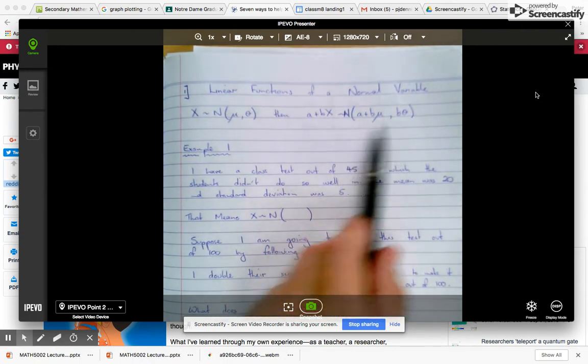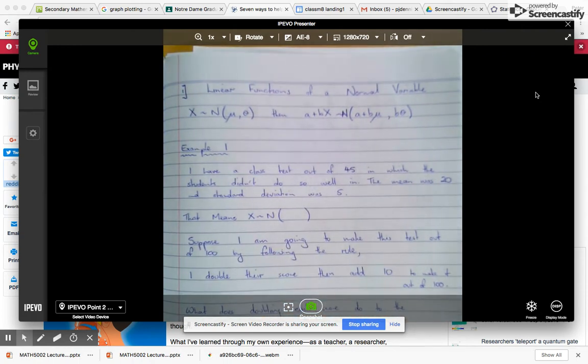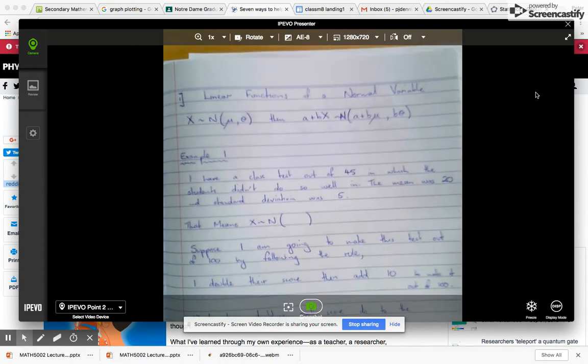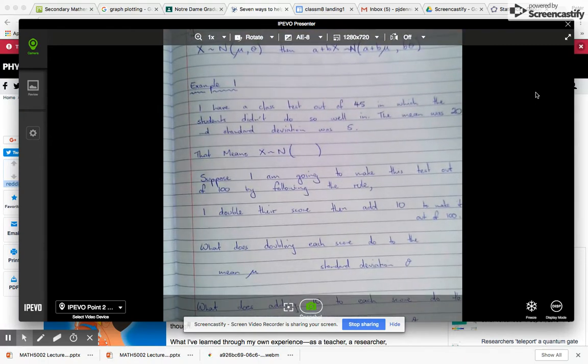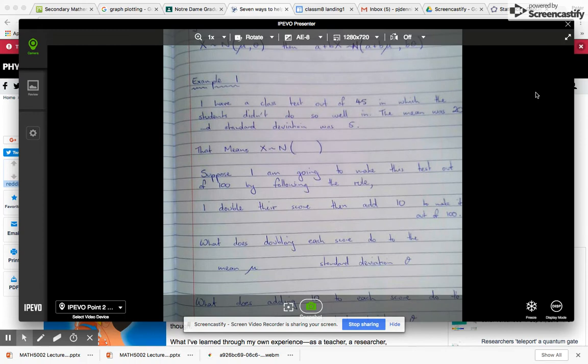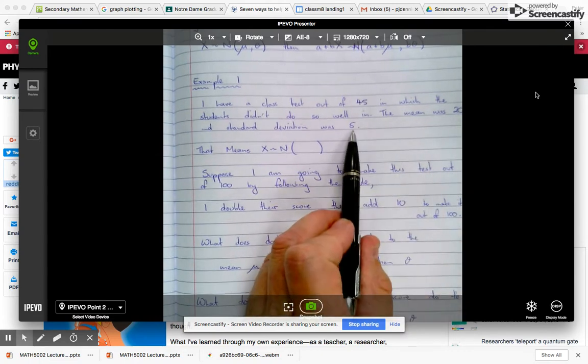Now that looks technical, but let's have a look at an example and see if we can come up with some reason why, and explain it so it's not so difficult. Let's say I have a class test out of 45 in which the students didn't go so well. The mean was 20 and the standard deviation was 5.